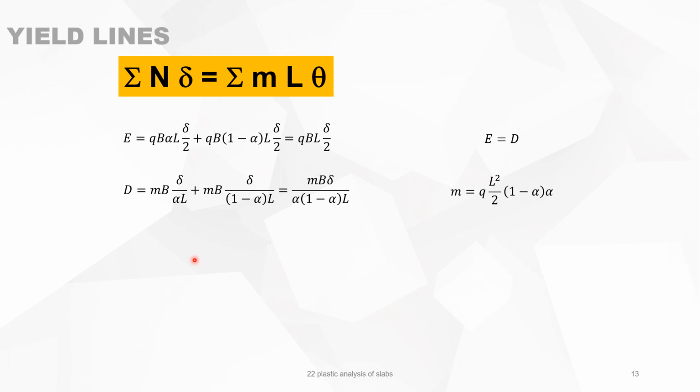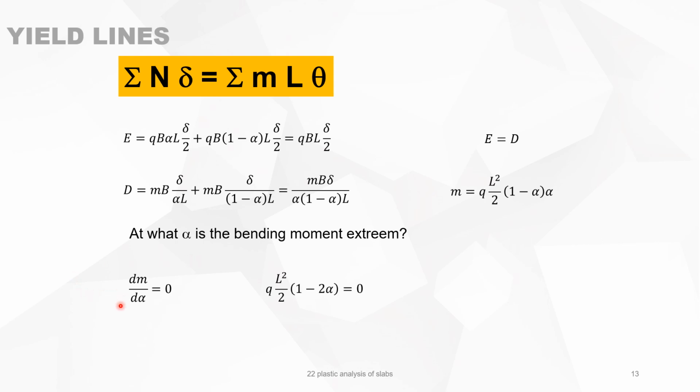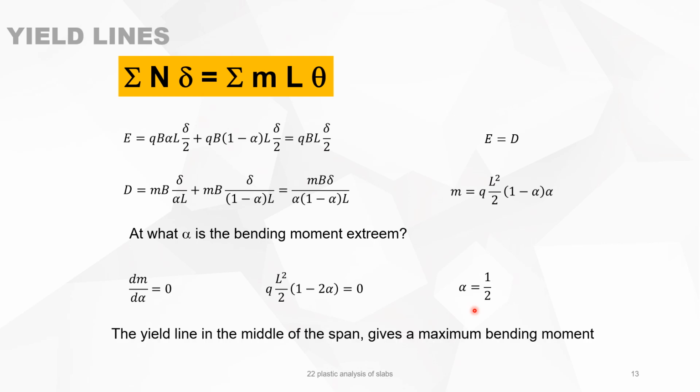Now we have to maximize this bending moment, and doing so you take the first derivative with respect to alpha, make it equal to 0. You have an equation, and this equation says that alpha should be 1/2. So now you have proven that the yield line, which is in the middle of the slab, gives you the maximum bending moment.